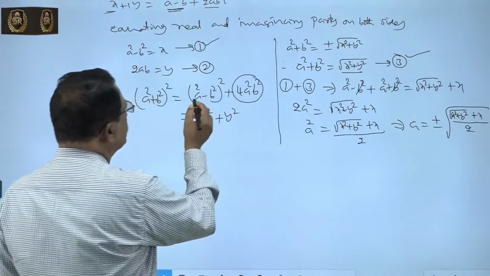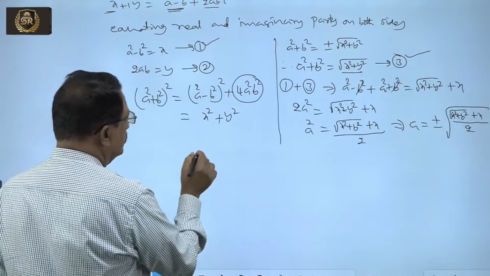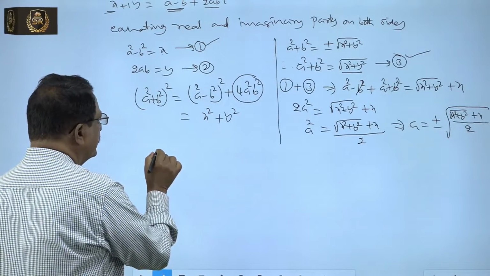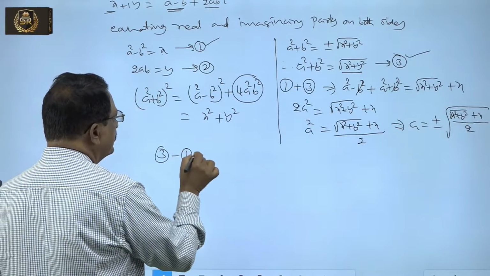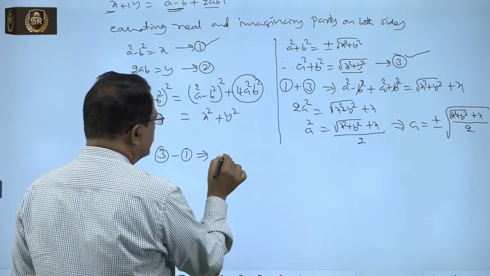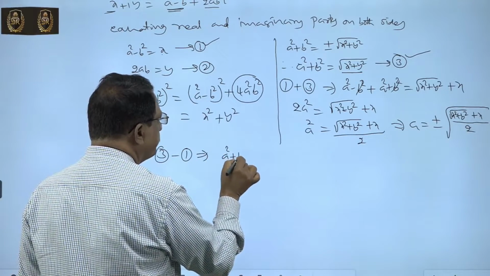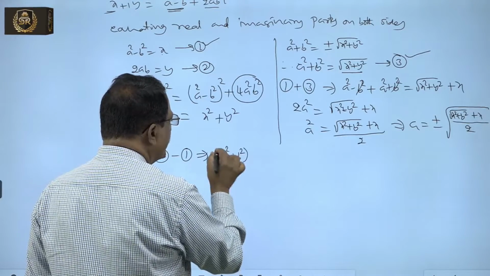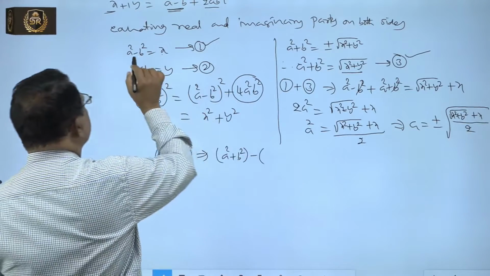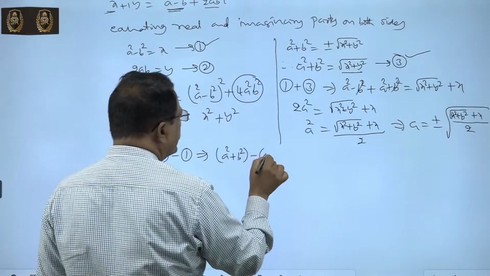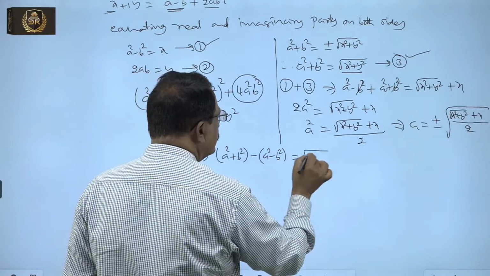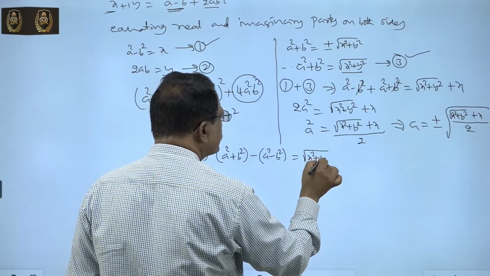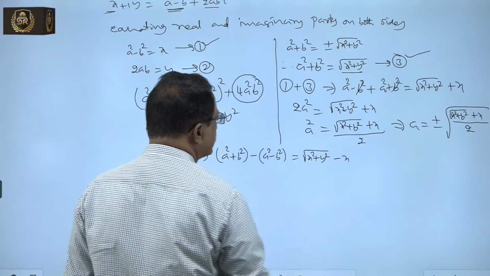Next, similarly, from the third equation subtract the first equation. What is the third equation? a square plus b square, minus the first equation a square minus b square, equals the square root of x square plus y square minus x.